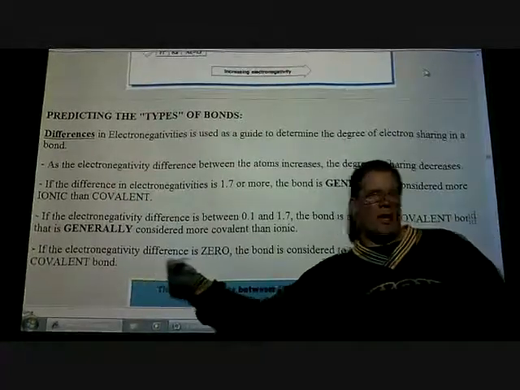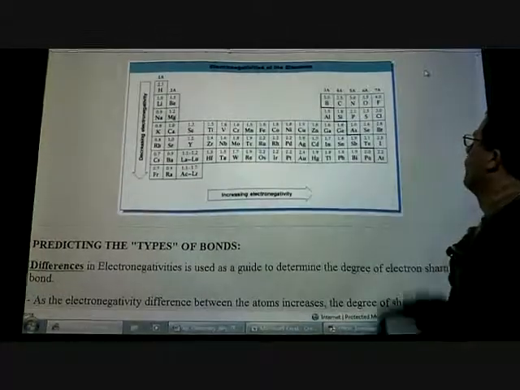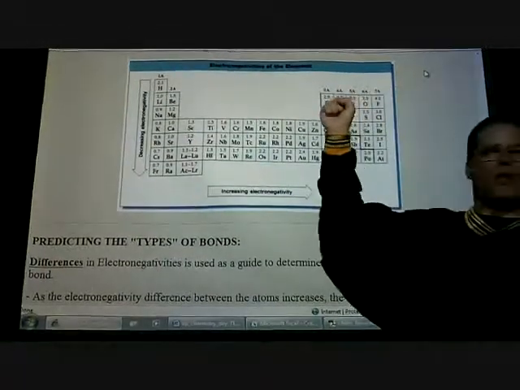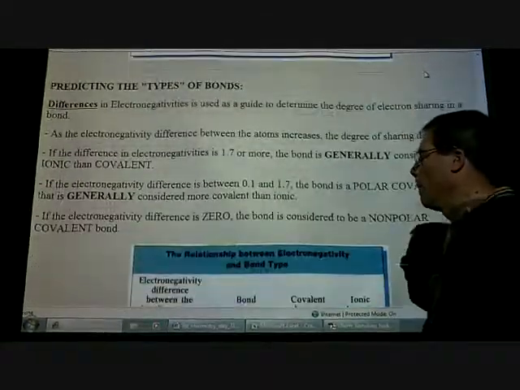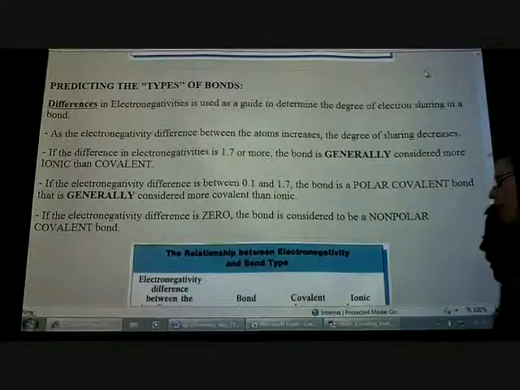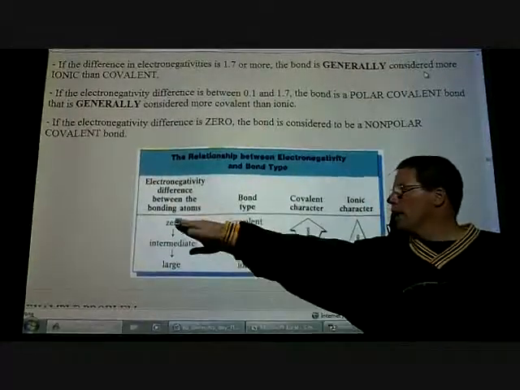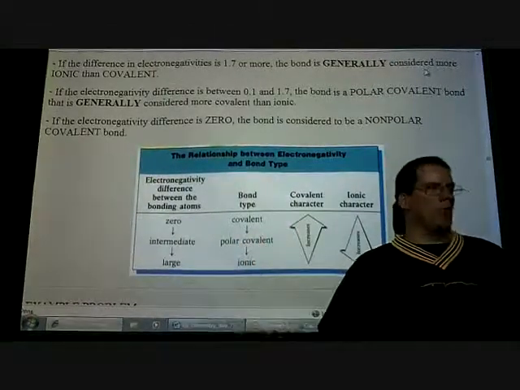If the difference in electronegativities is 0, like when we looked at chlorine earlier, I take 3.0 minus 3.0, I get 0. Then that means I'm looking at a nonpolar covalent bond. Okay? So again, these are just generalities. Whether they're sharing, not sharing, or sharing equally.